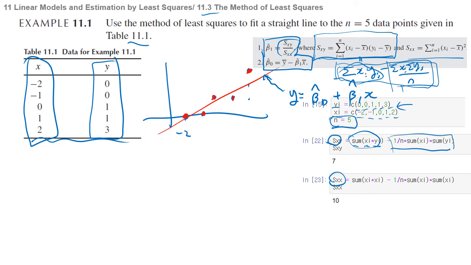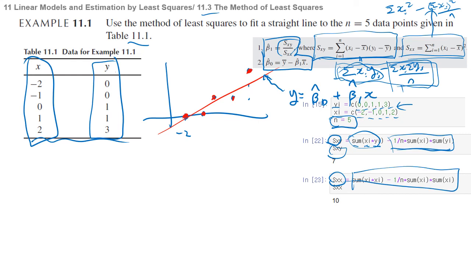Okay, so you calculated Sxy, and also for this part I used the other definition, the sum of xi squared minus the square of the sum of xi divided by n, which is this thing, and the result: Sxy is 7, and Sxx is 10.